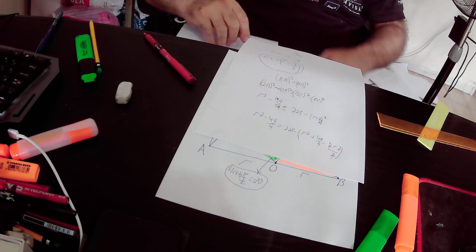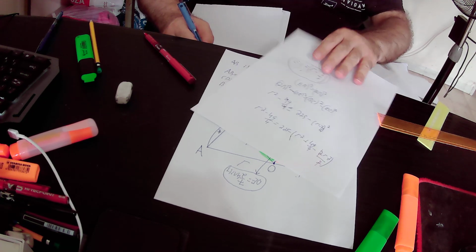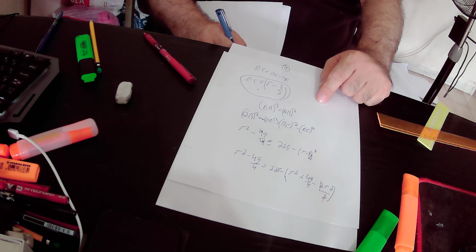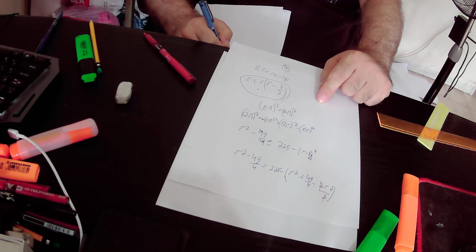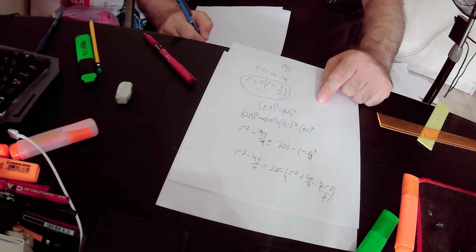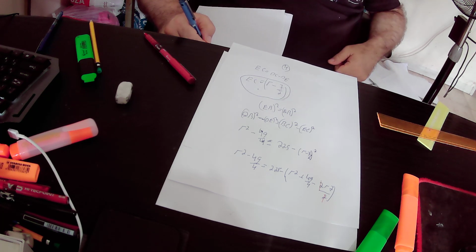So we will open the brackets here and we will get that R square minus 49 over 4 equals 225 minus R square minus 49 over 4, minus times minus is plus 7R.